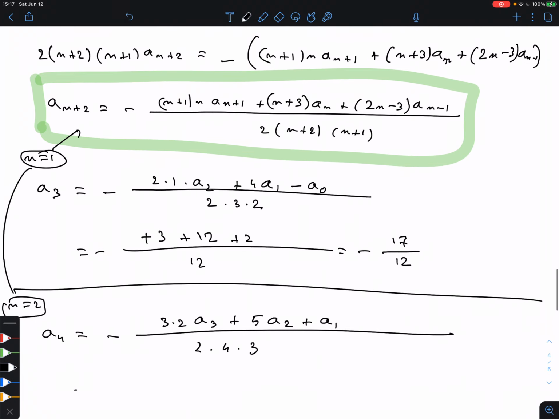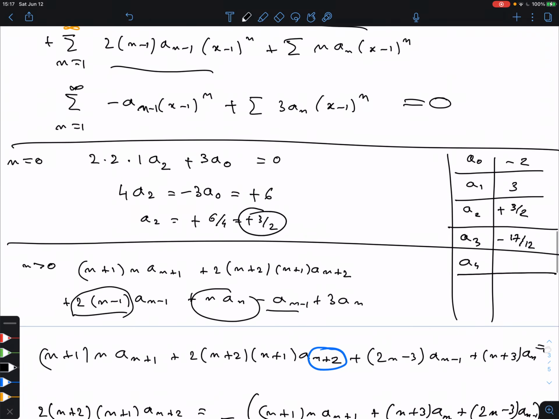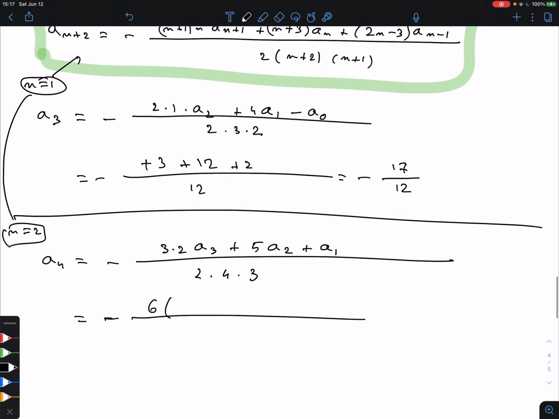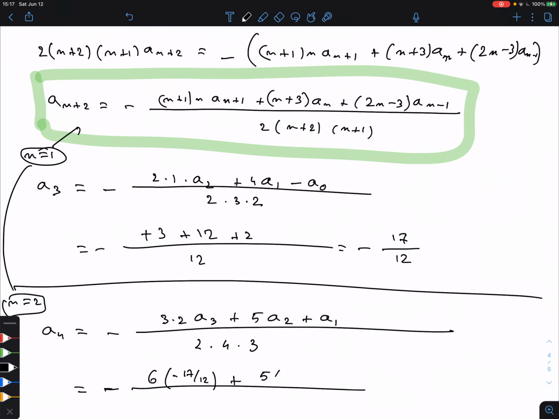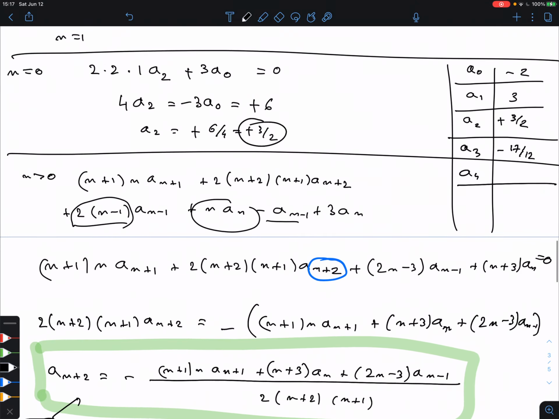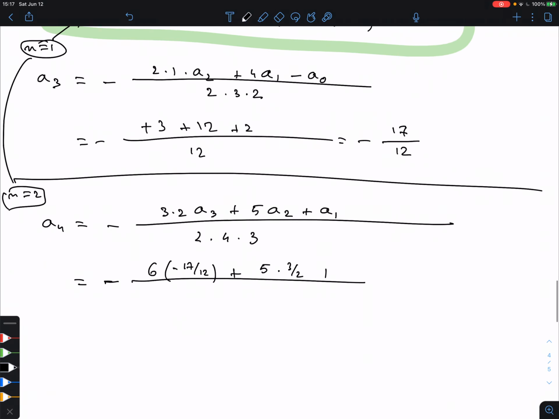Okay, so that is minus, and then on top we have 6 times A3, which was minus 17 over 12, plus 5 times A2, and that was 3 halves, plus A1, and A1 was 3, and that is over 24. That is 6 with the minus 12 cancel, and it gets a 2. So let's multiply top and bottom with 2.